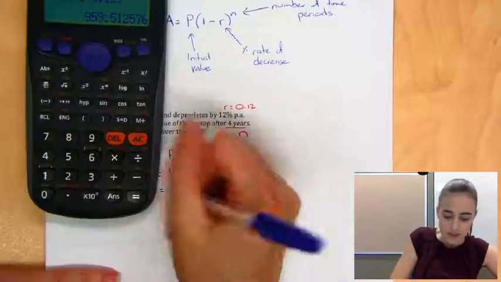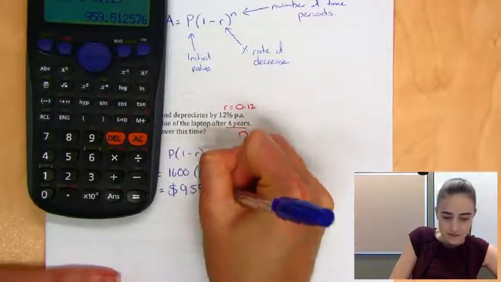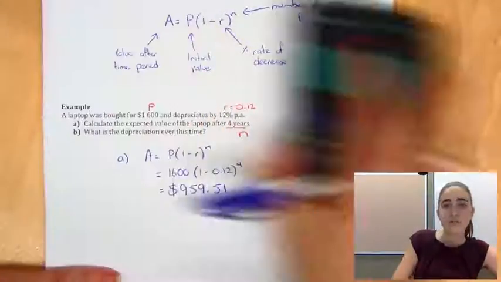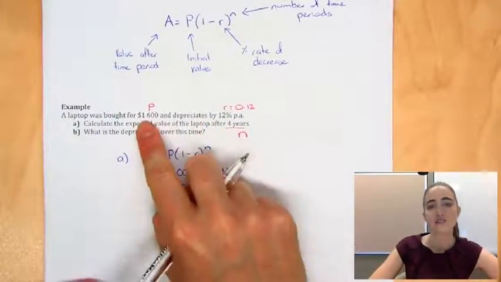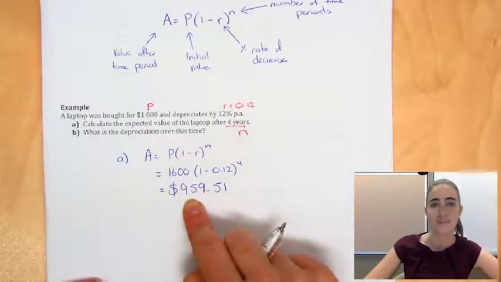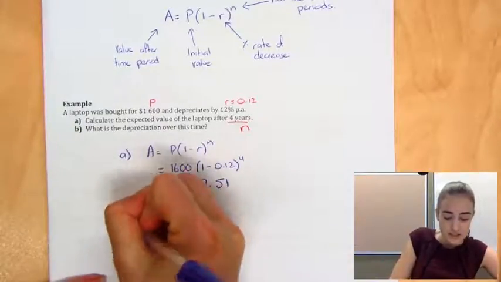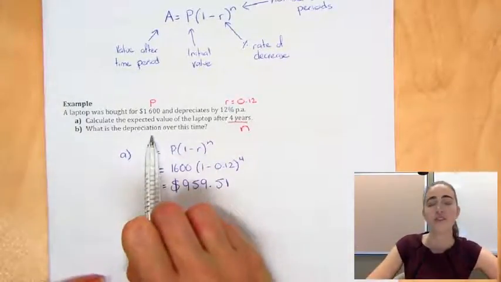And we'll end up with $959.51. So we bought it initially for $1,600 and now it's only worth $959.51. So that's A.